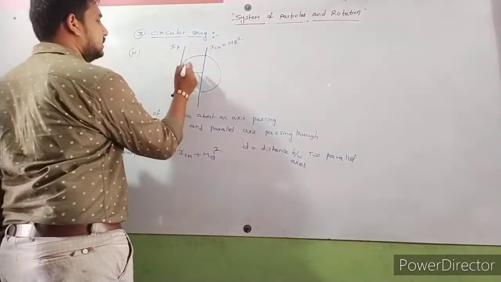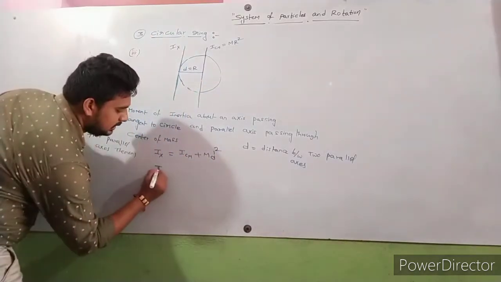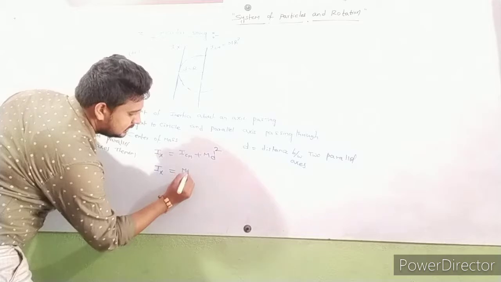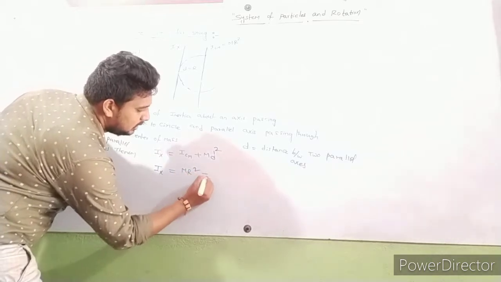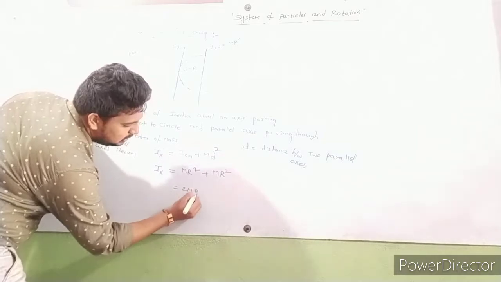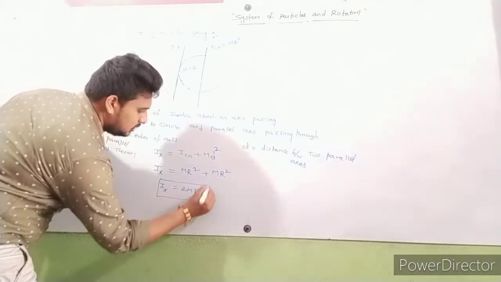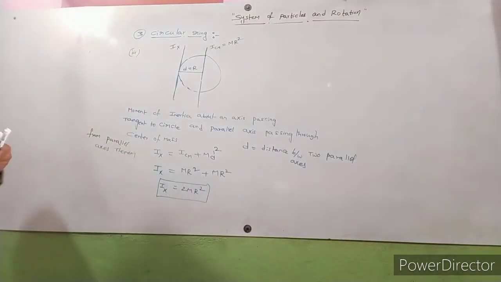So this d is equal to r. So from this, Ix is equal to ICM, mr square, and m into r square, we got 2mr square. So this is case 3.